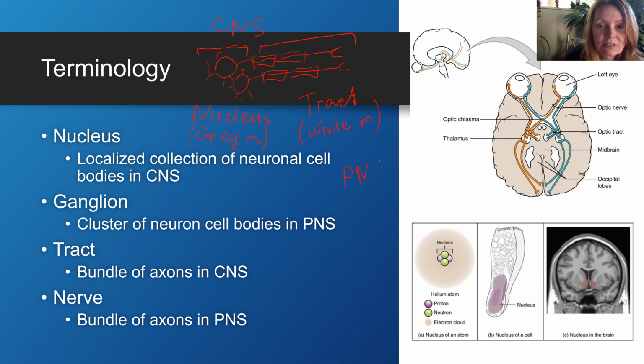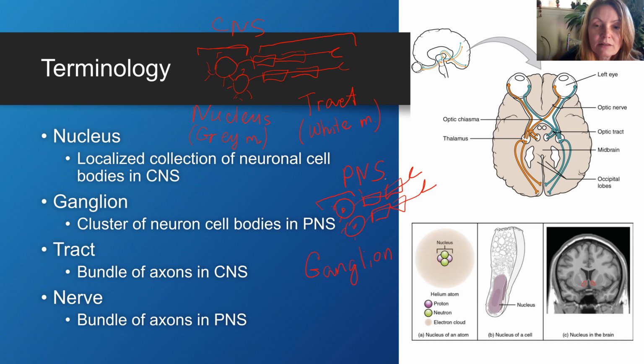Now, we have the PNS, the peripheral nervous system, and we have neurons as well. We have the cell body of the neuron, dendrites, then the axon, and the axons are myelinated. In the peripheral nervous system, this collection of cell bodies and dendrites we call ganglia. Ganglion is singular and ganglia is plural.